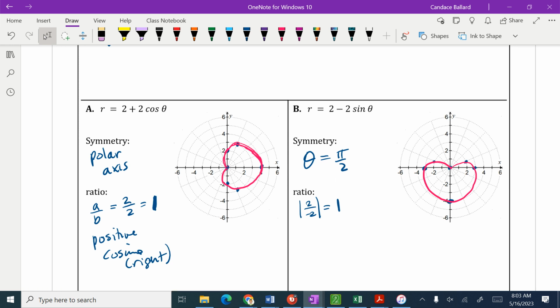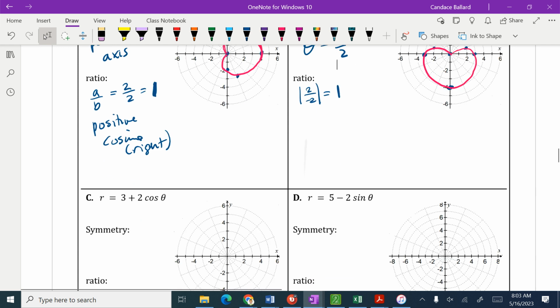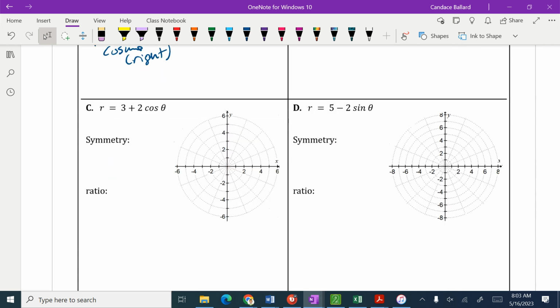So the next one, let's look at the ratio on the next one first of all. Because we're going to get a different type on this one because they're not equal to each other this time. So my A over B is going to be 3 over 2. That number happens to be greater than 1 and less than 2.